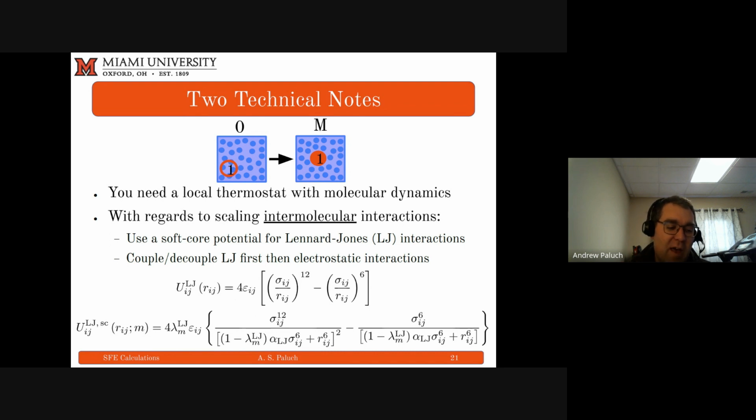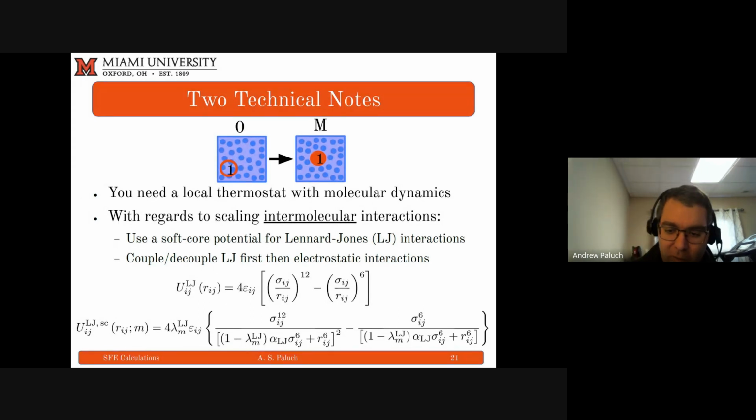But if I have configurations in which the solute's overlapping the solvent with a small scale factor, those could actually exist with a small finite probability within that, say, next neighboring state. And then with the soft core potential, as I scale up the LJ interactions, I slowly make the repulsive term steeper and steeper. So it becomes more of a gradual process of making it so that I don't have solvents overlapping with solutes.